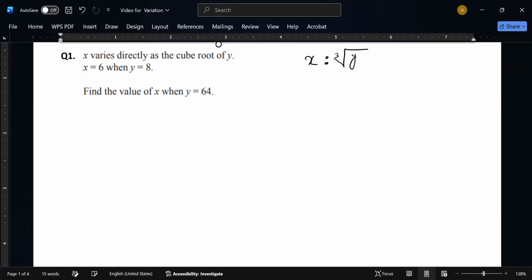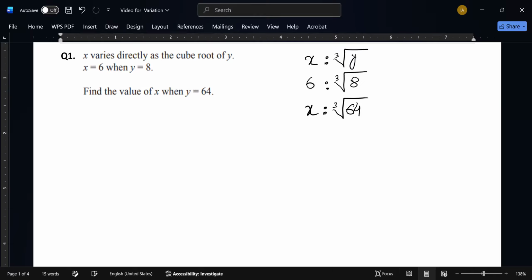This is the way we express cube root, where y is 8 and x is 6. Now they ask you to find the value of x when y is 64.